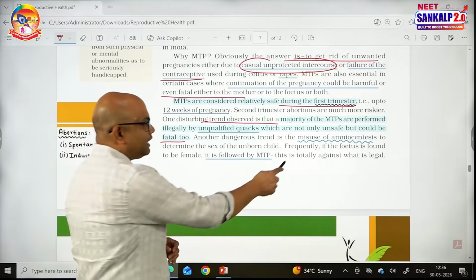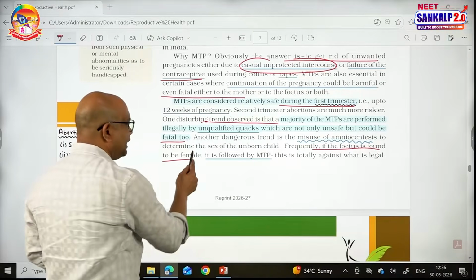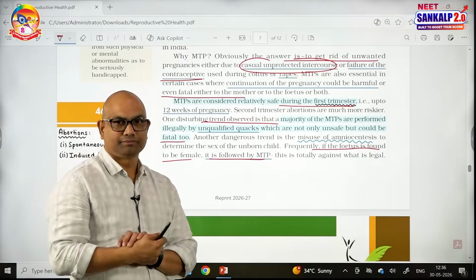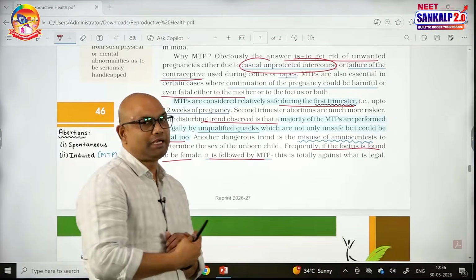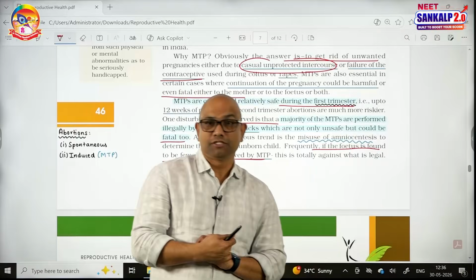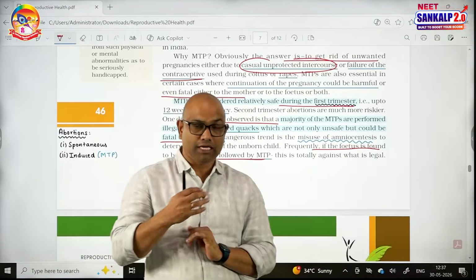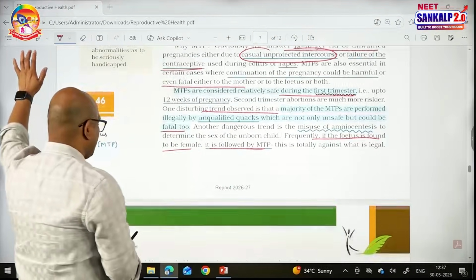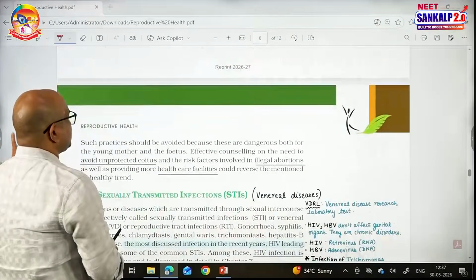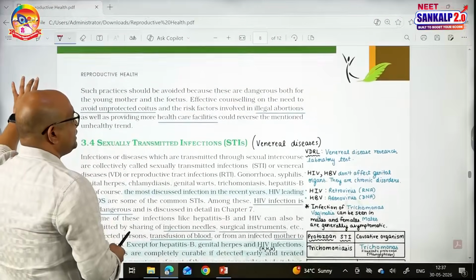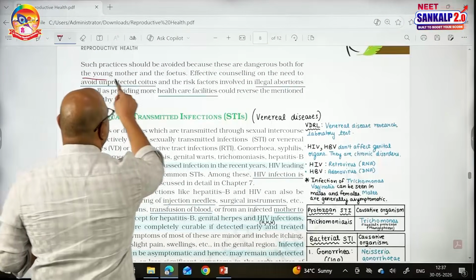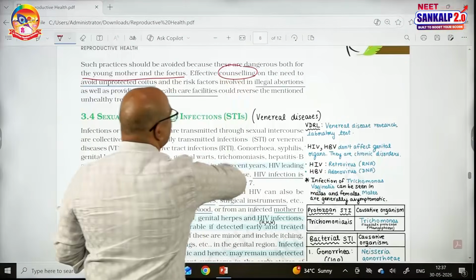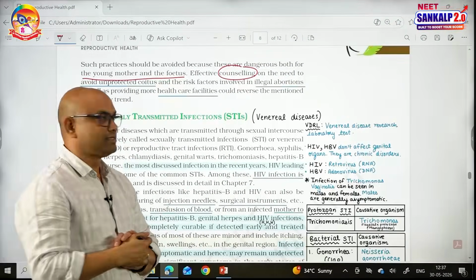Frequently, if the fetus is found to be female, it is followed by MTP. This is totally against what is legal. That is the reason why the Government of India banned amniocentesis for the purpose of sex determination, to control female feticide. Such practices should be avoided because these are dangerous for both the mother and the fetus. So effective counseling is required to avoid that kind of practice.